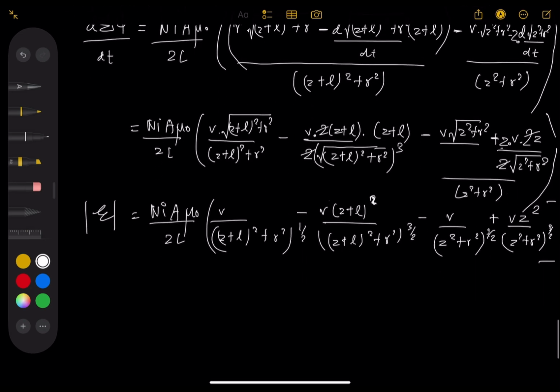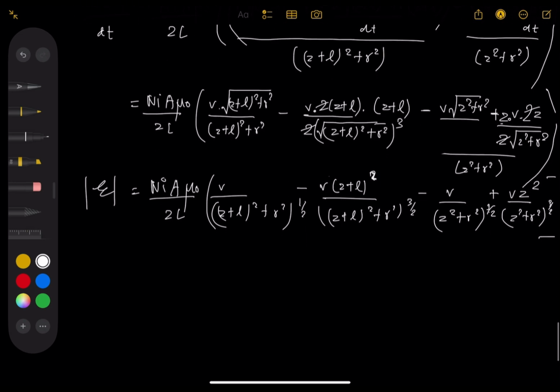So that is going to be the expression, a monstrous expression. Let's simplify it further if we can.